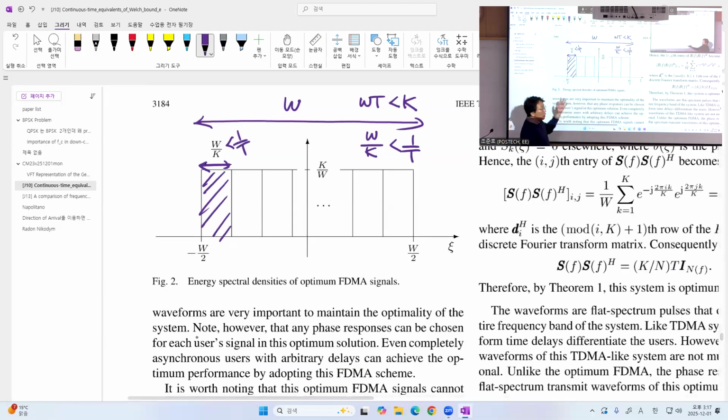And as you see here, each optimal pulse has what? Frequency flat, sinc type pulse. And if we derive the result, due to the self-interference but no interstream interference, we have performance limit in the mean squared error. And let's sum up all the mean squared errors. Then we have that minimized mean squared error.